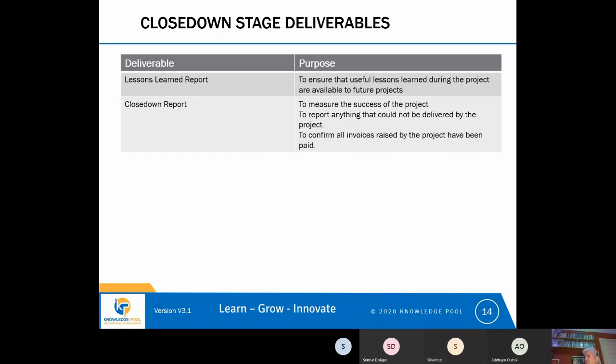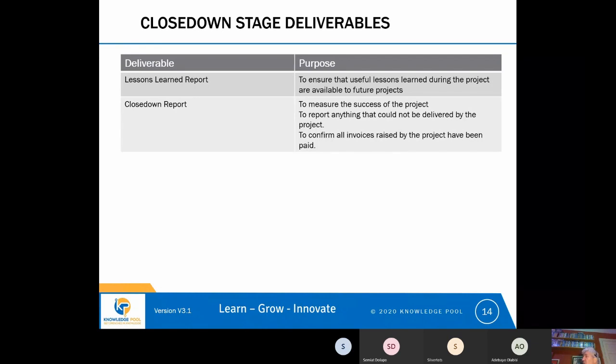What happens to those problems is then an interesting question, because those problems might be reported in the close down report if the project can't solve them, or the project may undertake more delivery work. It may build some new deliverables or change some existing deliverables in order to fix problems that were identified in a post-implementation review.